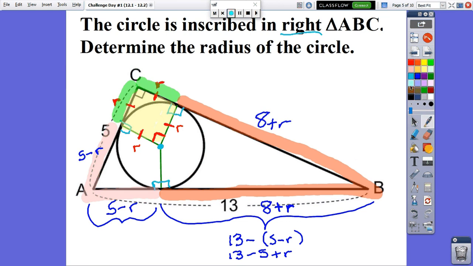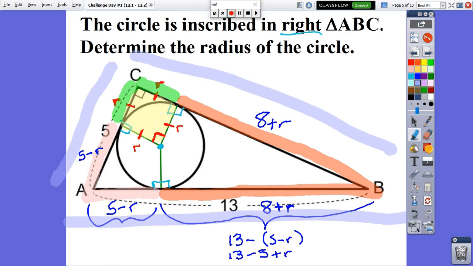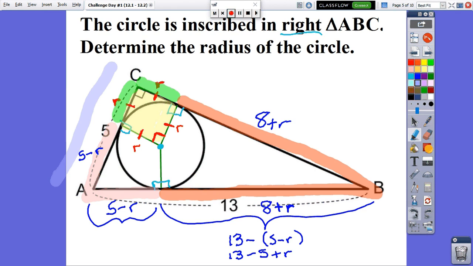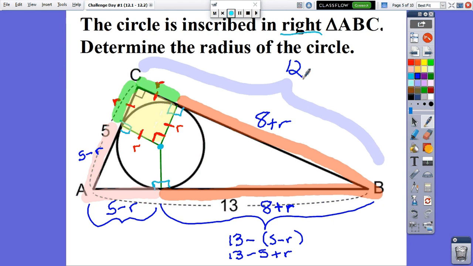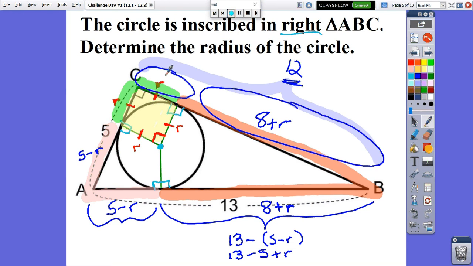Okay? Now, the one thing that we didn't do, which I probably should have done initially, was overall, this is a 5-something-13 right triangle. And this follows a Pythagorean triple, which means this whole side has a length of 12. It's a 5, 12, 13 right triangle. And so now if we look at the two pieces that make up this 12, that's this piece, this 8 plus R, and this piece, R. So when I add R to the 8 plus R, that's got to give me a length of 12.